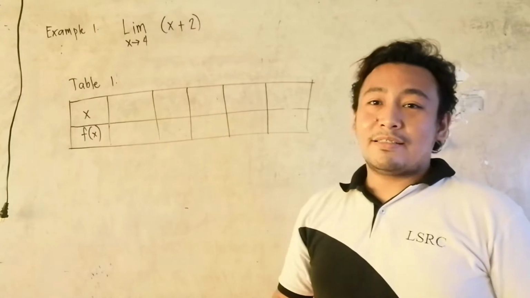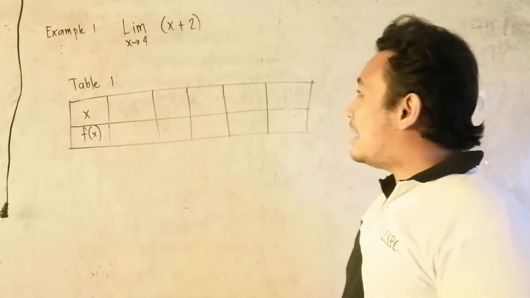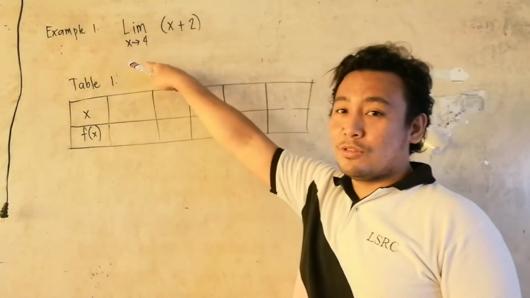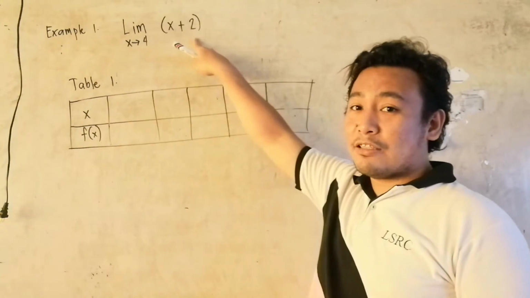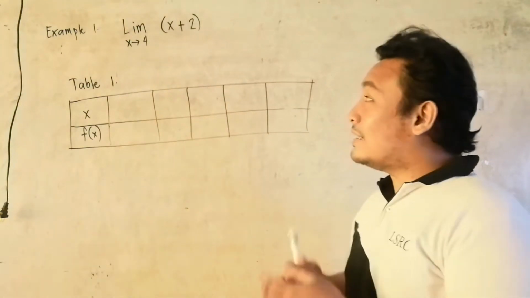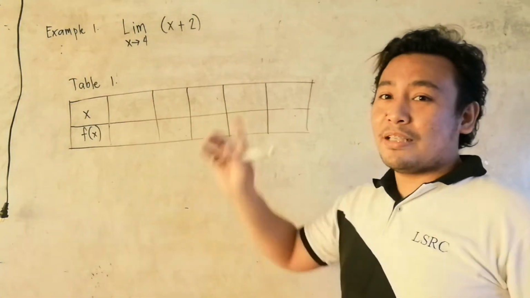So now, let's have example number 1. We have the limit of x plus 2 as x approaches 4. So first, intindihin muna natin or i-analyze muna natin kung ano ba yung sinasabi sa equation.